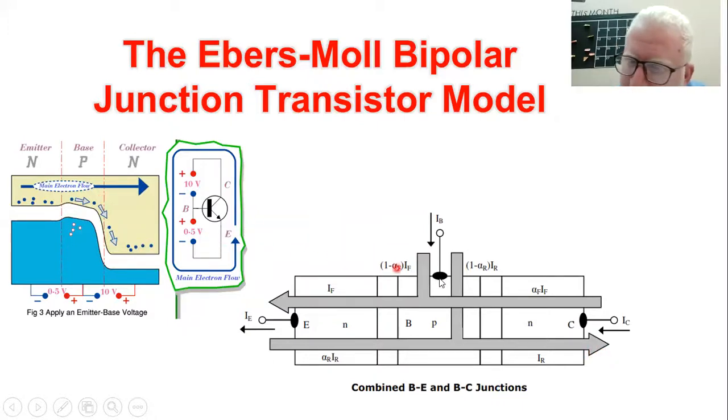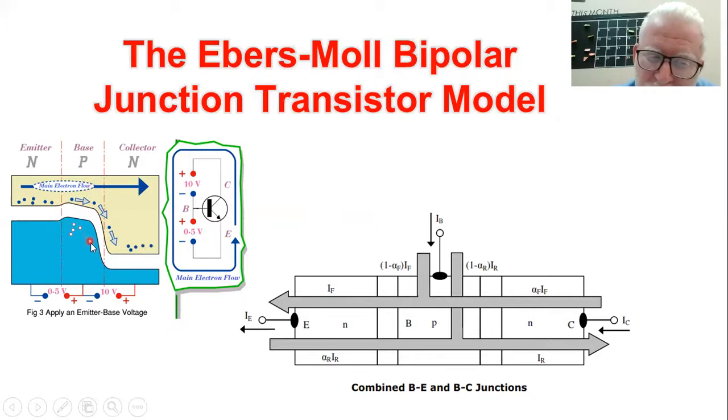So we have current flowing from the collector to the emitter, due to the flowing of electrons from the emitter to the collector. And we have current flowing from the collector to the base due to the electron movement. Let's see again. Okay.